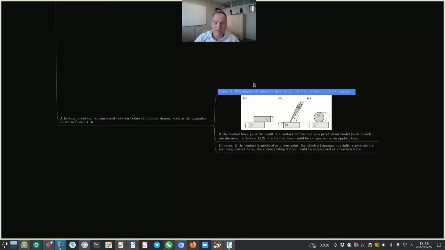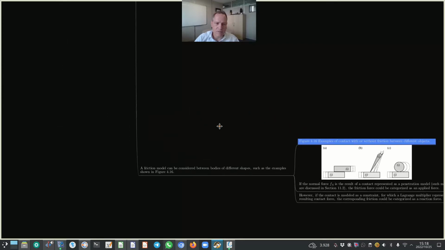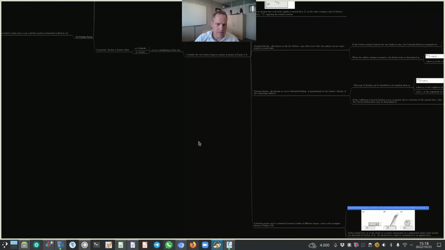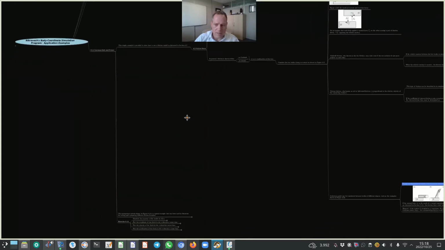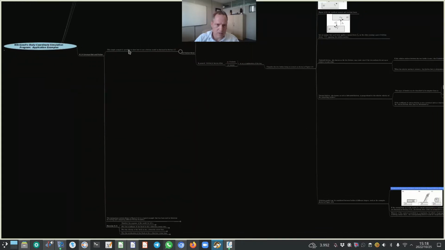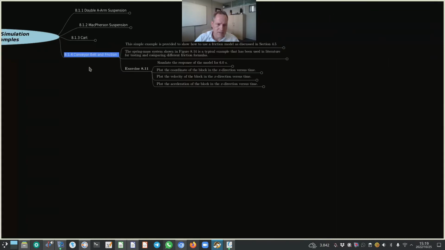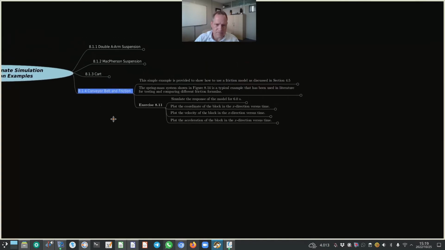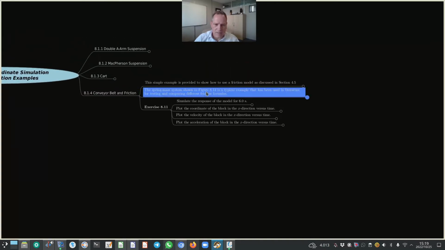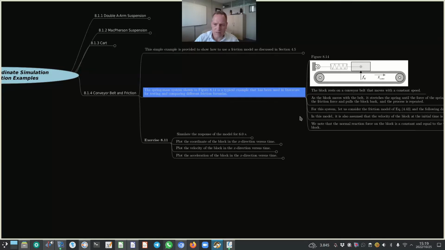Okay, so with that overview of friction force, let us now look at the example that we want to discuss, namely the conveyor belt and friction. Okay, so the spring mass system shown in figure 8.14 is a typical example that has been used in literature for testing and comparing different friction formulas.